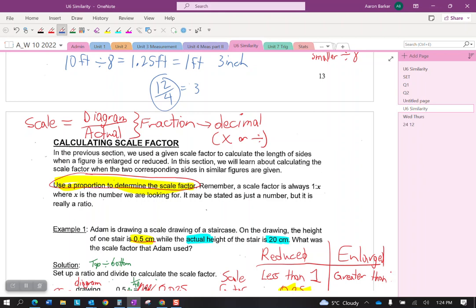Now, today, they're going to use some new terminology. For your scale factor, which is kind of your scale, you can talk about a new over an original. That's because they talk about making diagrams.